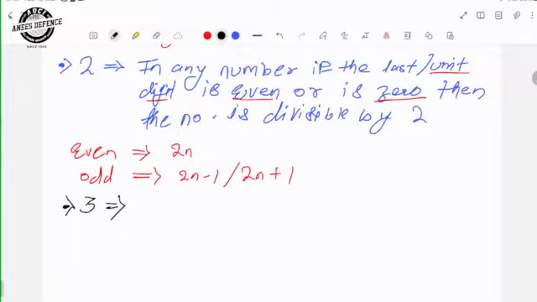So what is the divisibility test for 3? For the number 3, it's very simple.